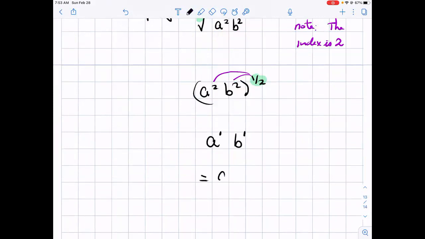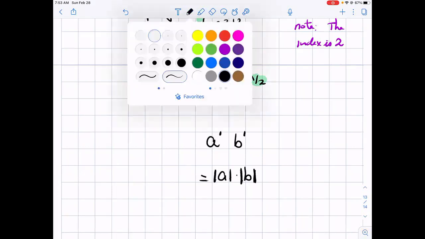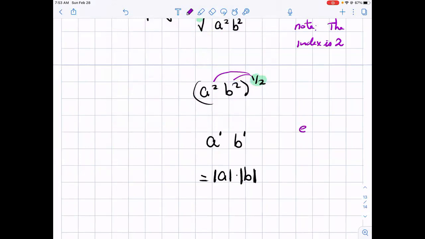But because it's an even root, we must make sure a and b are positive.